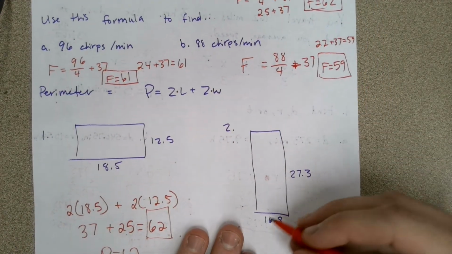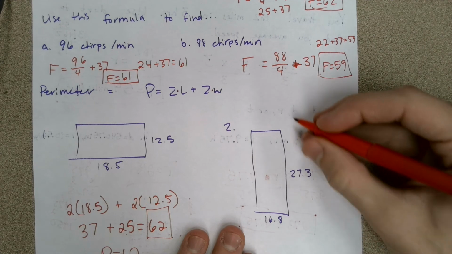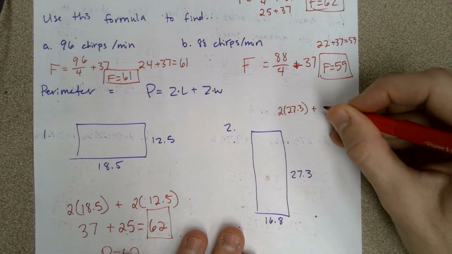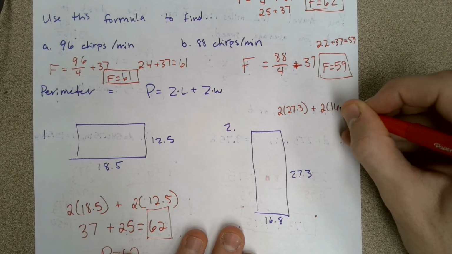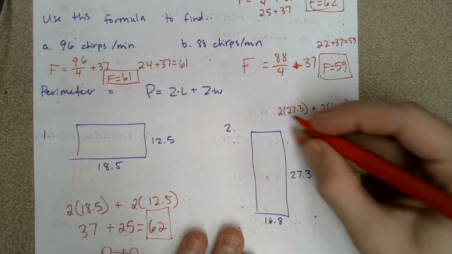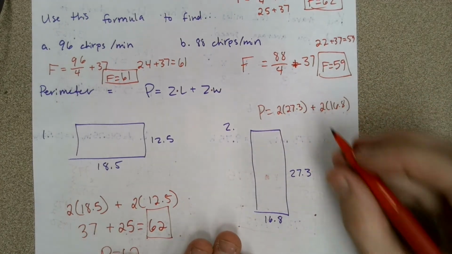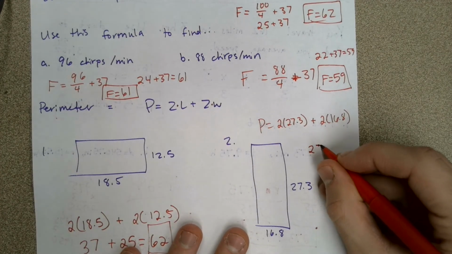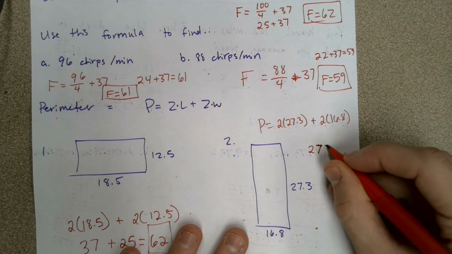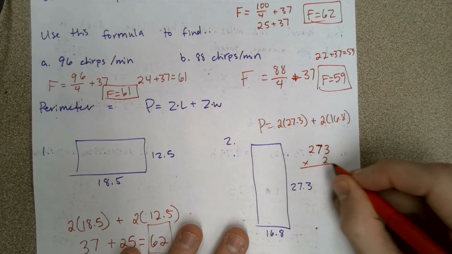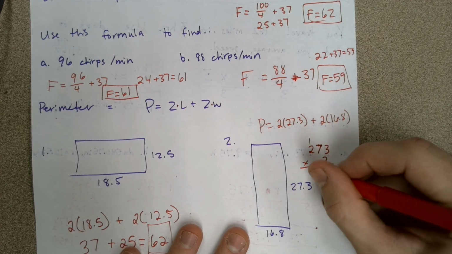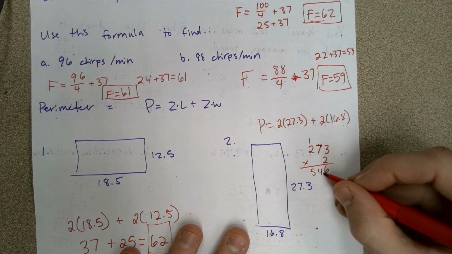All right, we're going to do the same thing again. We're using our formula. We have our length is 27.3, so we're going to do 2 times 27.3 plus 2 times 18.6. We got our width down there. That's what our perimeter equals. Solve for that. I can do 27.3 without my decimals right now, times 2, got 6, 4, 1, 5. I had one decimal in here, so I carry one decimal in.